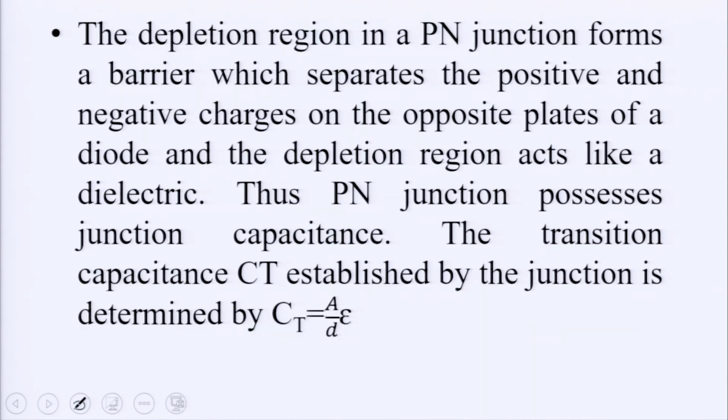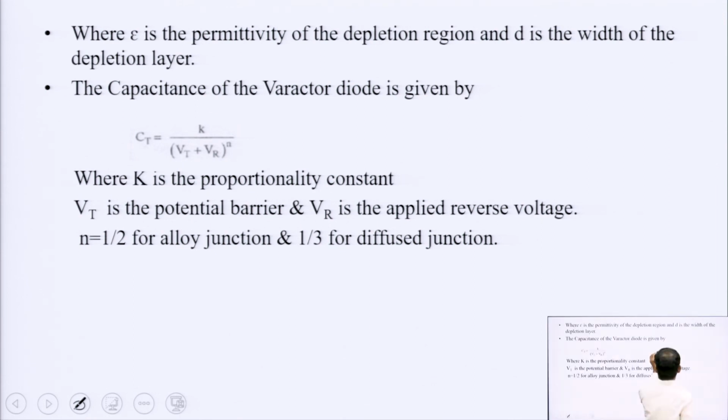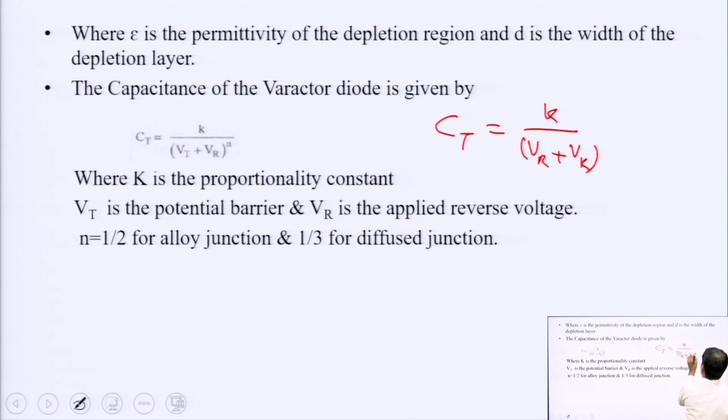Now, we can write this equation as this. Okay guys, we can evaluate that Ct is equal to K upon (Vr plus Vk) whole raised to the power n. I am going to take Vr common: K upon Vr into (1 plus Vk upon Vr) whole raised to the power n.